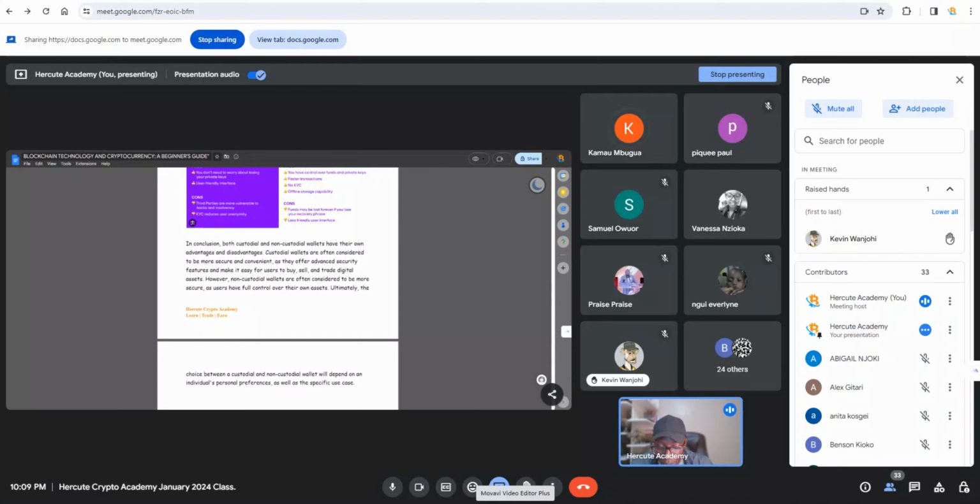Yes. Now let me connect my phone real quick so that we are able to see what I'm talking about. Just give me a second.